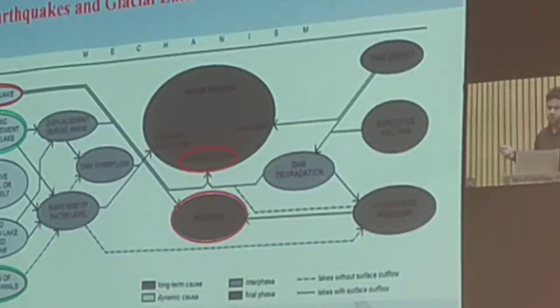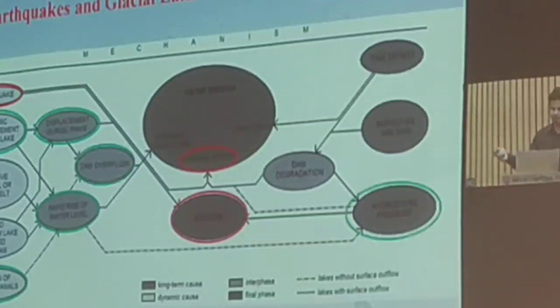For example, dynamic slope failures, which are landslides or avalanches triggered by the earthquake, and then displacement waves are created, and there can be rapid rise in the water level, eventually leading to rupture where hydrostatic pressure at the dam increases.